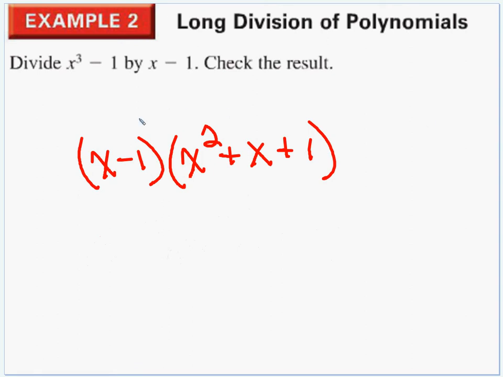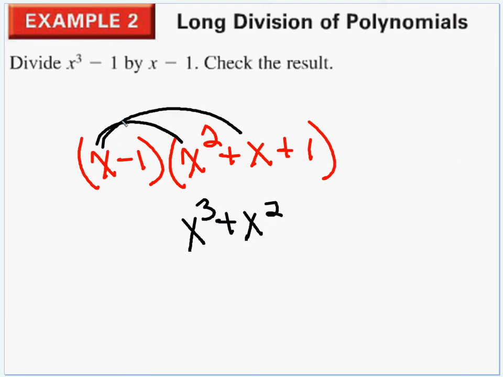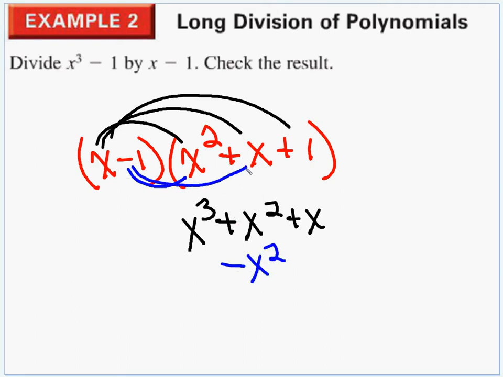I'm going to distribute my x here using black ink, so that'll be x to the third plus x squared plus x. And I'll switch over to blue ink to distribute the negative 1: minus x squared. I'm going to put it right under this one. Minus x, might as well put it right under this one. And then minus 1.